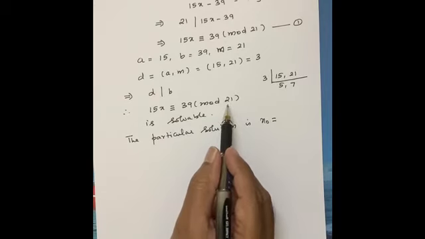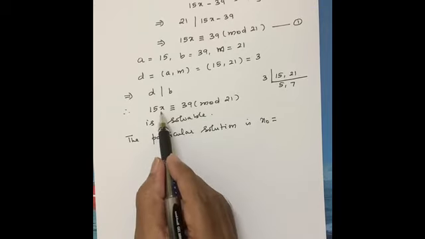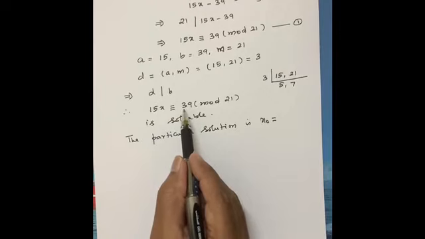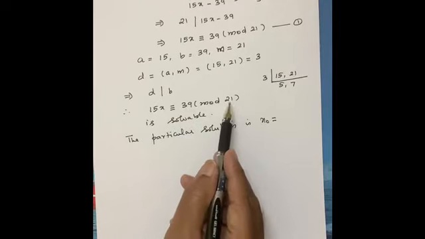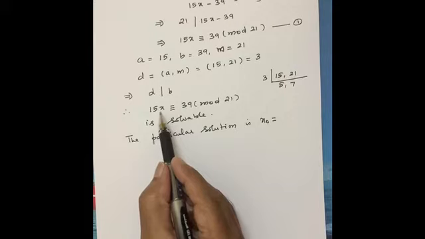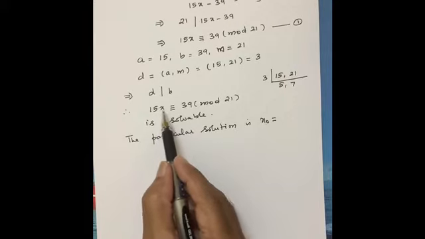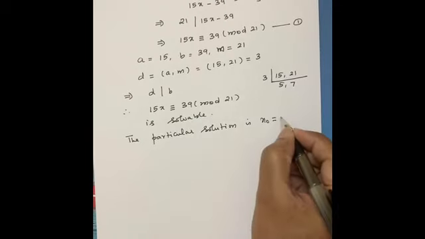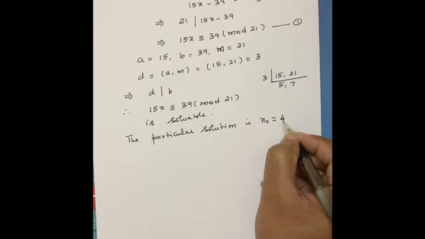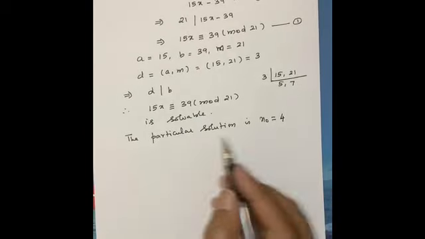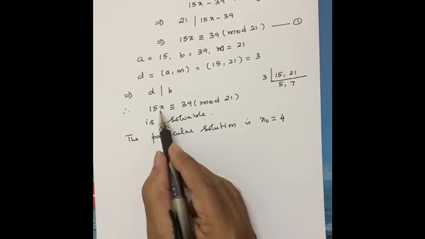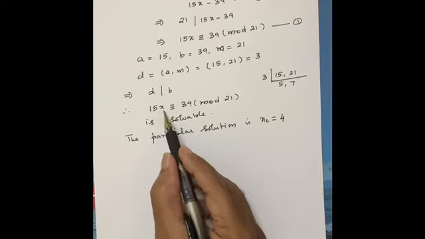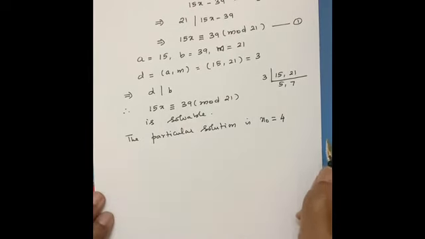Is that divisible by 21? No. Next x equal to 3. 45 minus 39 is 6. Not divisible by 21. x equal to 4: 60. 60 minus 39 is 21. 21 divided by 21 is possible. So I have to take x naught equal to 4 by trial, one by one. We have to replace x by 1, whether satisfied or not; x equal to 2, satisfied or not. By trial you can find out. So x naught equal to 4.